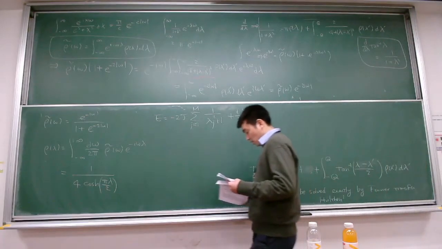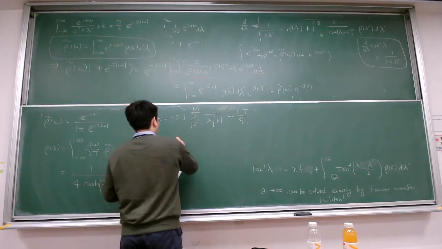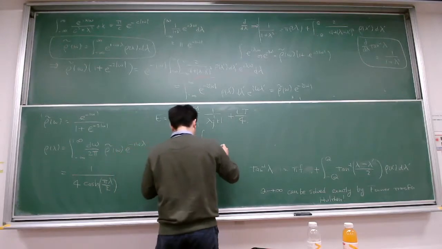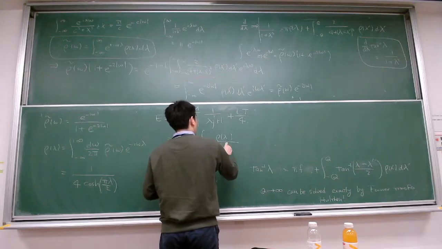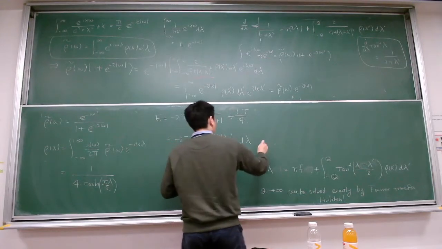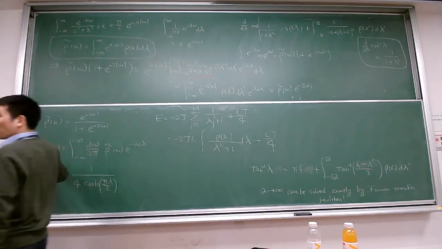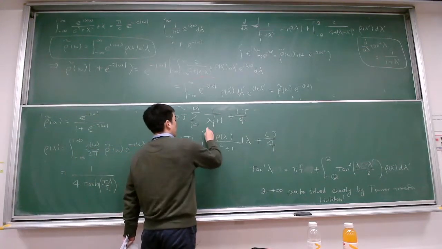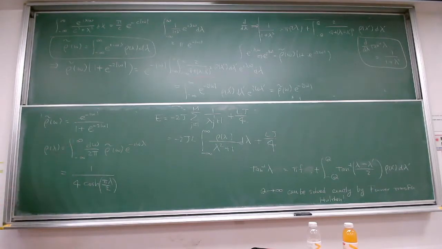To take the continuous limit, what we need to do is replace the summation by an integral, minus 2LJ, by inserting rho lambda over lambda squared plus 1 d lambda, plus LJ over 4. And we know rho lambda already. We derived rho lambda. Integrate from minus infinity to infinity, plug this 1 over cosh into there and just do the integral. Then you can determine the ground state energy.